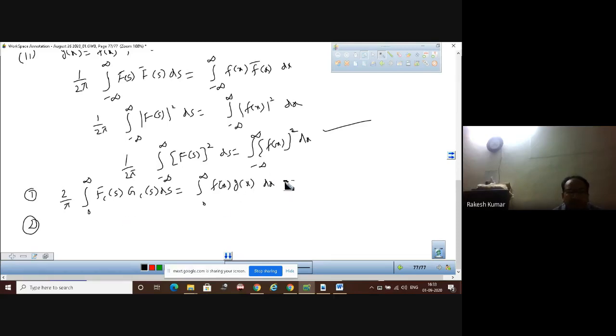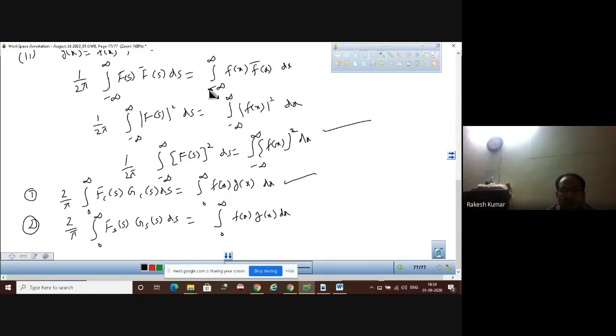This is the Parseval identity for the Fourier cosine transform. Remember, this small c stands for cosine transform. In a similar way, we can write down the Fourier sine transform, and on the right hand side, the function will be the same, f x g x dx.